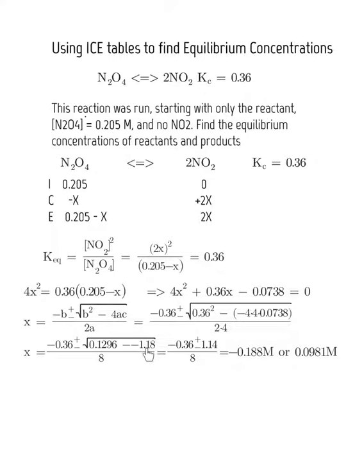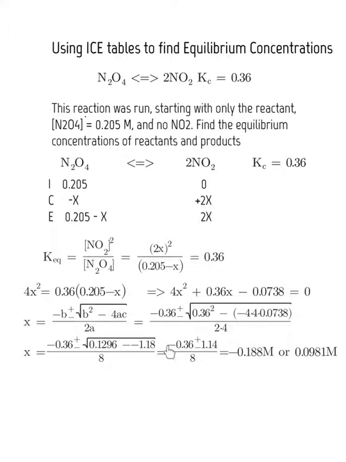Now, you do want to check these values with your calculator. Notice this value is negative because in the equation it's negative as well. So we have a negative and a negative, which ends up being positive. And so if we square root the sum of these two, we're going to get 1.14.